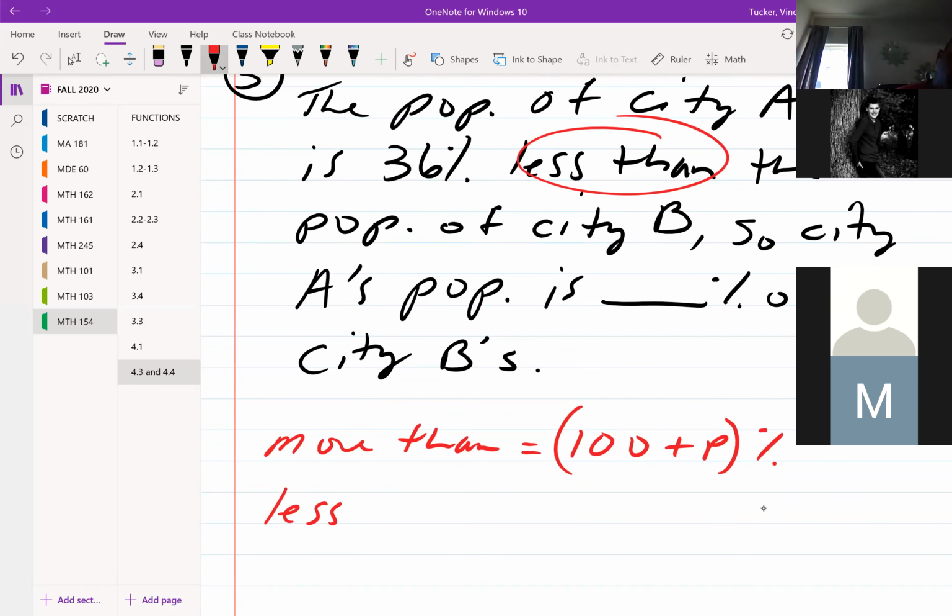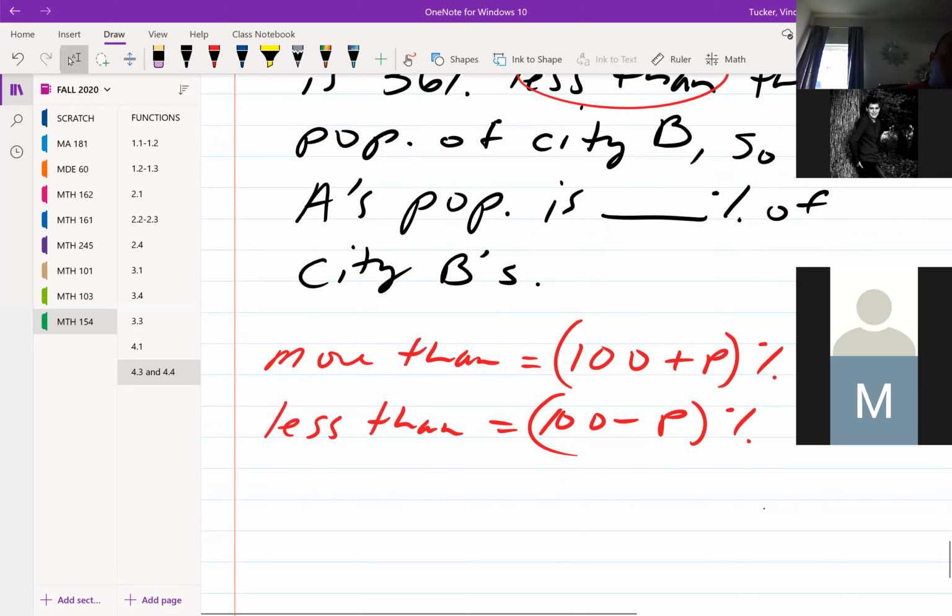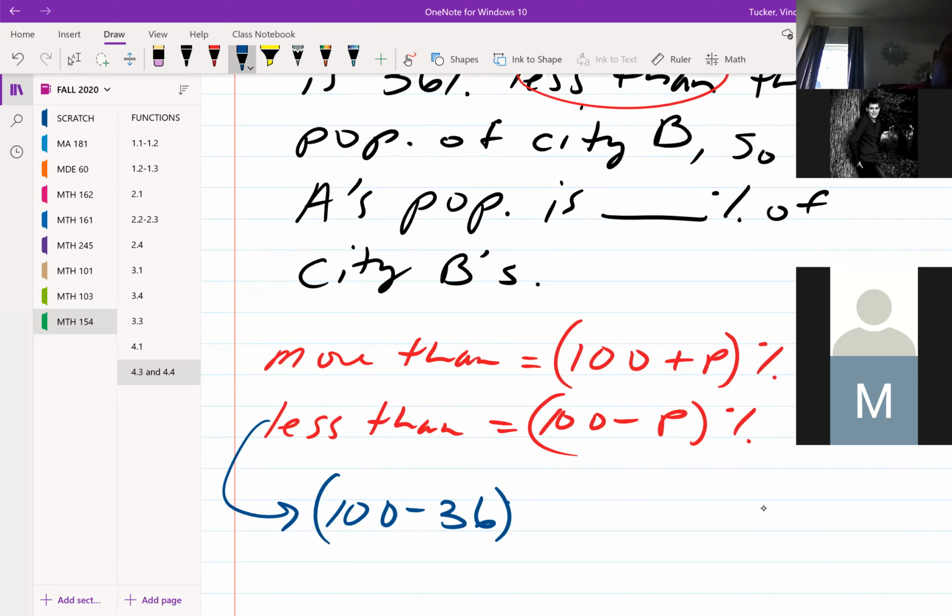If it's less than your reference amount, then we do 100 minus P percent. So if you were to see more than, we would do 100 plus P. Here we see less than. So we'll do 100 minus 36, 64%.